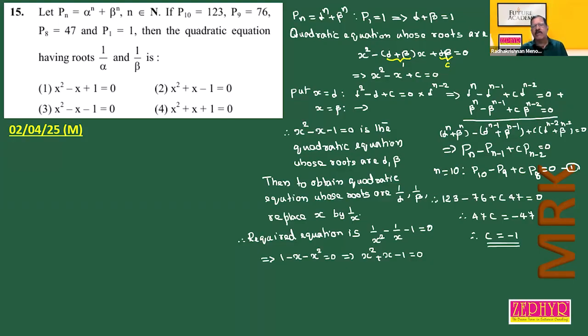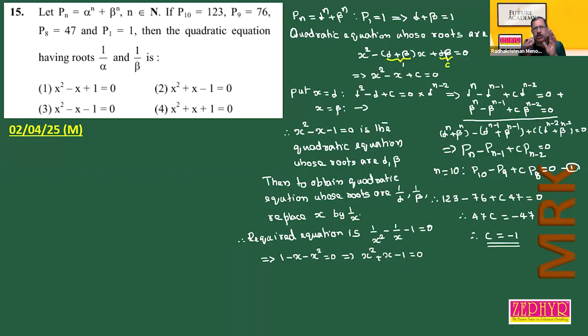That means the reciprocal of the roots of the given equation. You just replace x by 1 by x. So the answer for that question is x squared plus x minus 1. Otherwise, in this question, if you use sum of roots and product of roots, it is not that difficult.